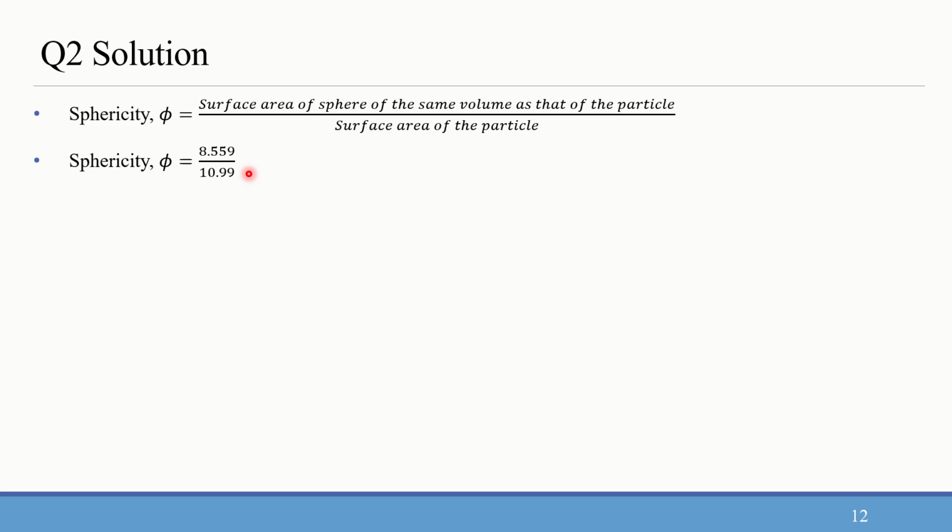Since we have used micrometer everywhere, we didn't find the need to convert it back, because it is a dimensionless parameter, so both the surface areas get cancelled. So it doesn't matter if you are converting it to meter or not. From this ratio we are getting 0.7788. So this is the sphericity value.